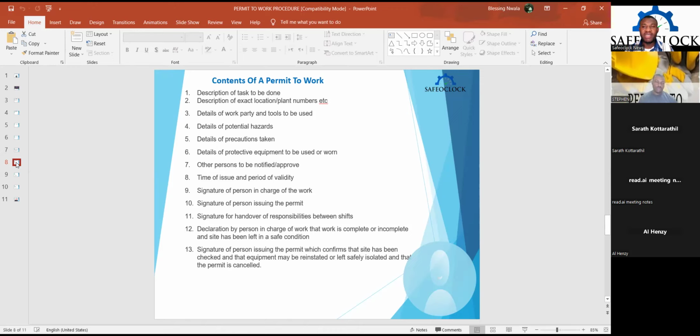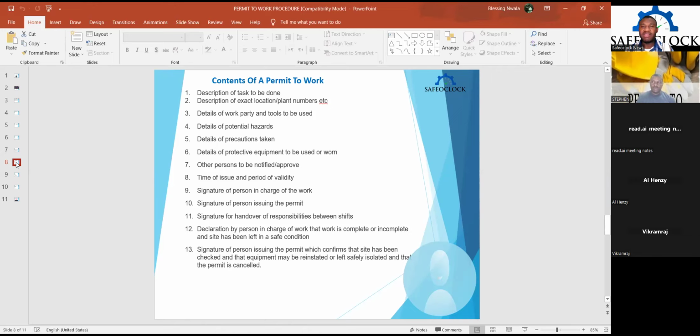In that project, the permit originates from the supervisor. The supervisor has the blank format of the permit, depending on the activity he wants to carry out.